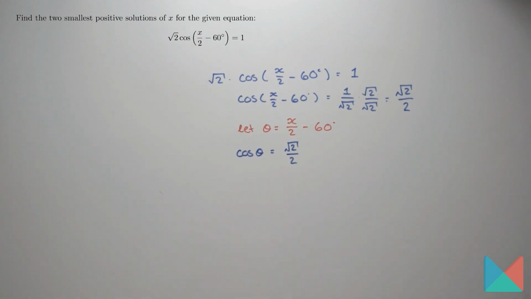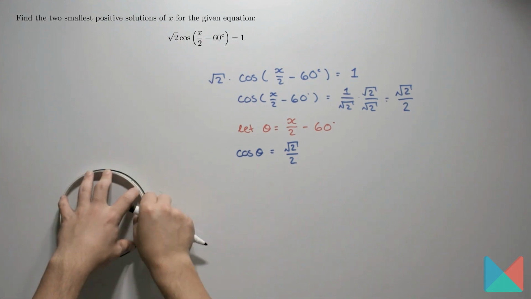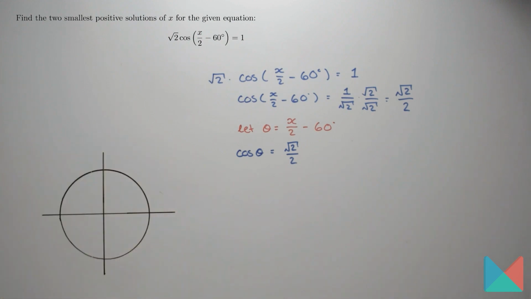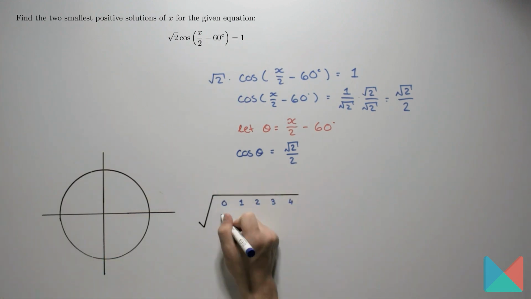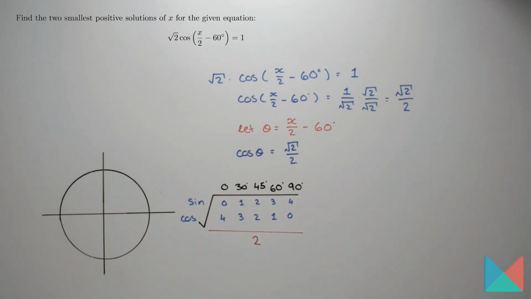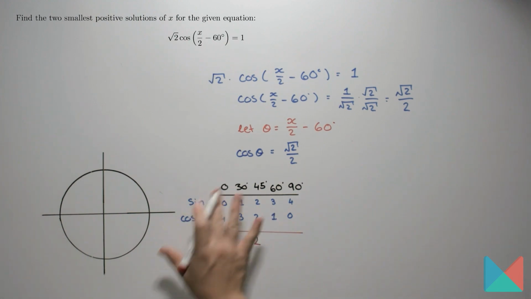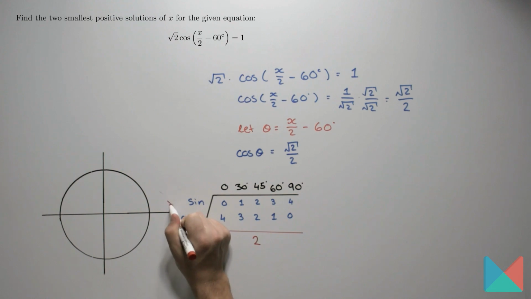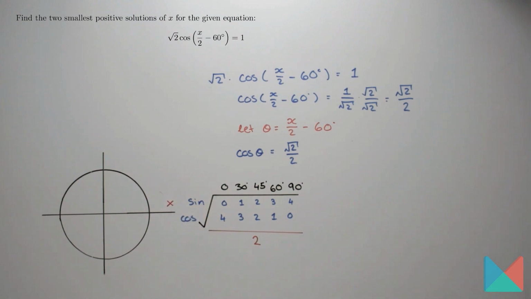Now we can just draw up the unit circle to try visualize this result. We have the unit circle here, and because we're dealing with cosine, we're going to be reading values off the x-axis. Let's mark in our value of root 2 on 2.